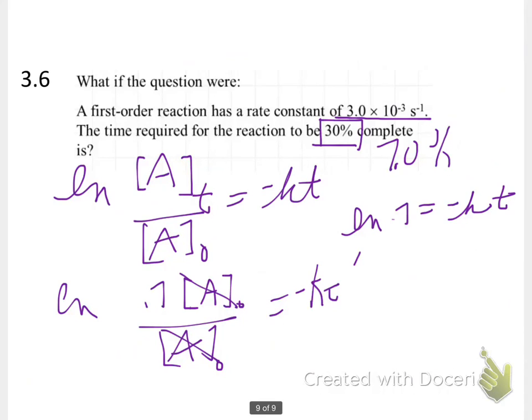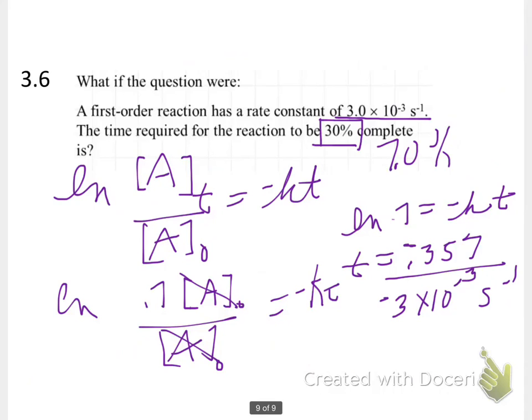So t is going to be the log of 0.7, which is negative 0.357, over k, which is 3 times 10 to the minus 3 seconds to the minus 1. And this is also a negative value, because when I rearrange this equation, I end up with t equal to log of 0.7 over minus k.